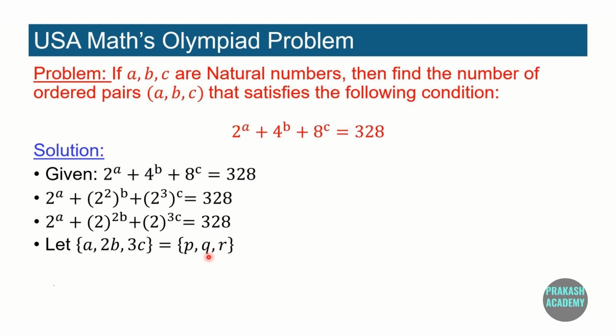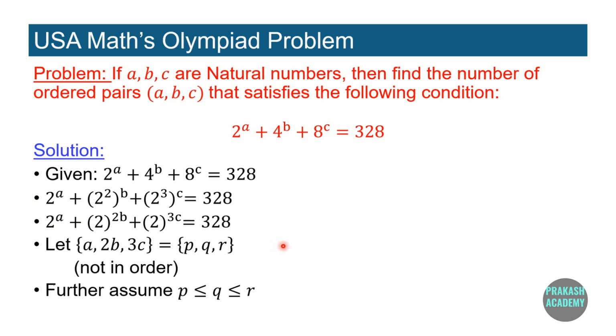Same with R. This means these three numbers are not in order as written here. Furthermore, we can assume that any one of the numbers is the smallest and any one is the largest. Without loss of generality, I can assume that P is the smallest number and R is the largest number. So P is less than or equal to Q and Q is less than or equal to R.